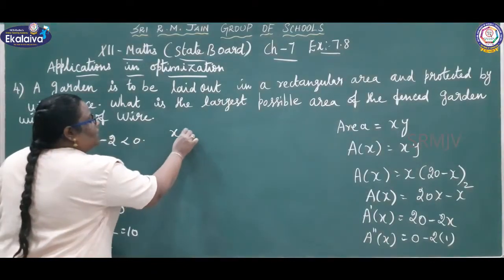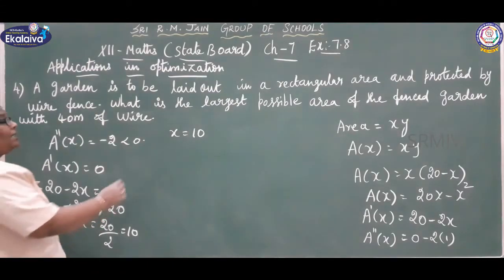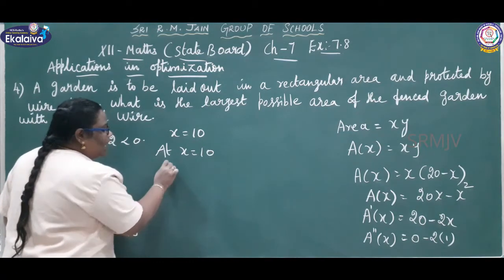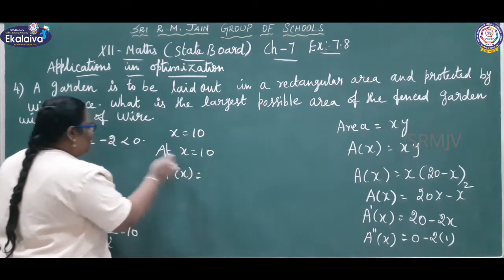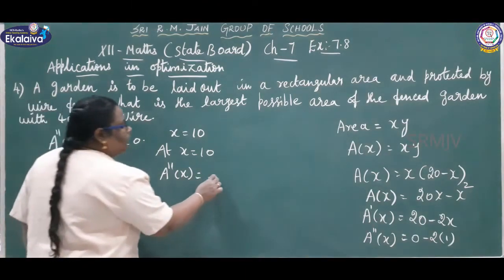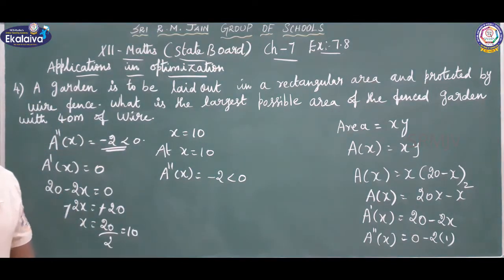If x equal to 10, what about the y value? See here, at x equal to 10, A double dash of x equal to minus 2, less than 0, because if it is negative, it is less than 0.